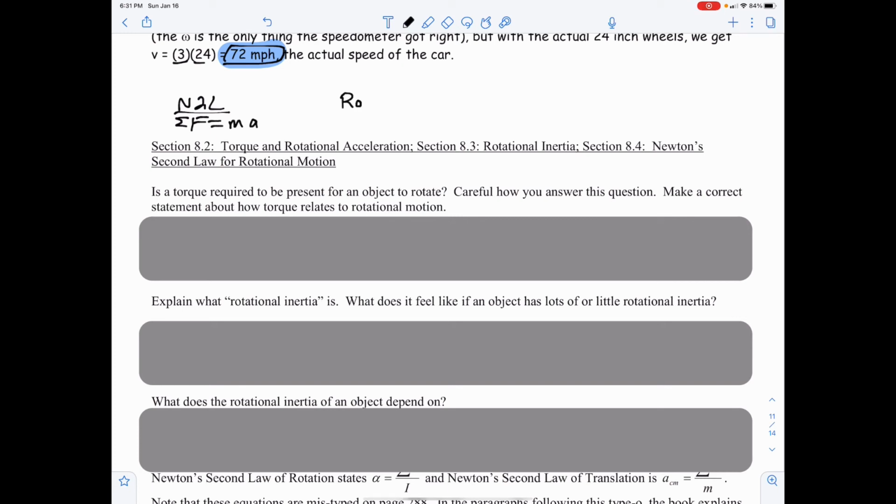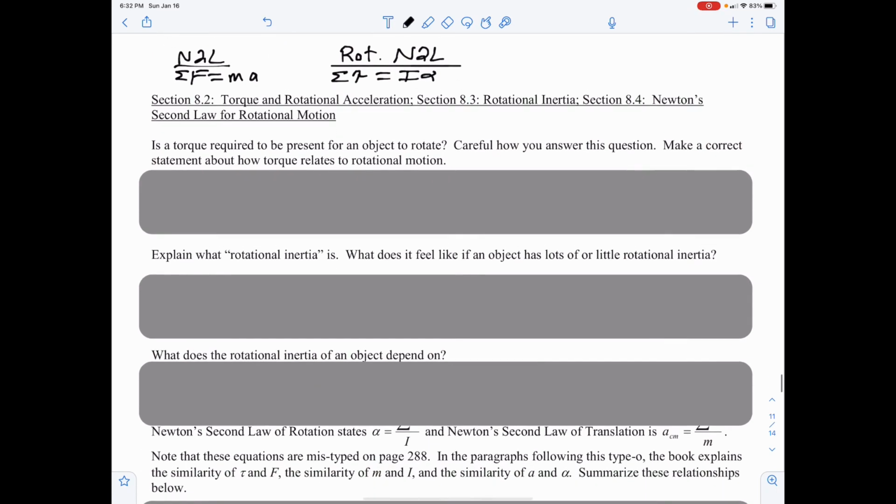Well, we're now going to encounter the rotational version of Newton's second law, in which case if a net force causes a mass to accelerate translationally, a net torque causes a mass to rotate faster or slower. So I is what's called the rotational inertia and is very analogous to mass, but from a rotational point of view, just as alpha is analogous to acceleration. Let's take a look in more detail.